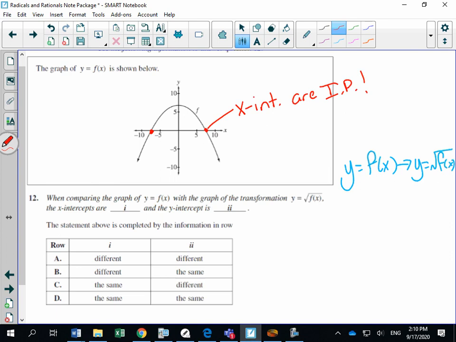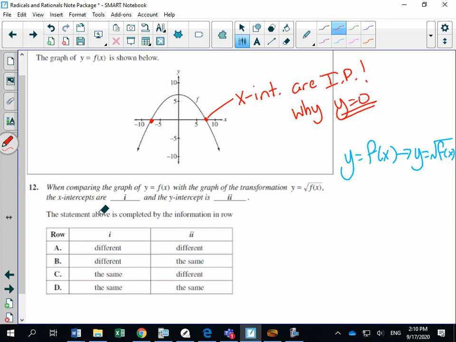They're invariant points. Why? Because all invariant points occur when y is 1 or when y is 0, right? So this point and this point will be on my transformed graph. They are invariant points. So the x-intercepts are going to be the same.